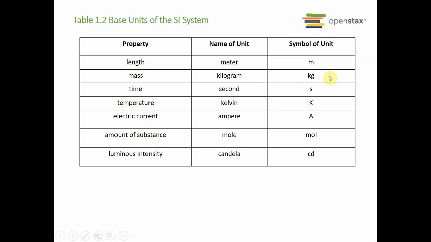It's Celsius. So Kelvin and Celsius are two metric systems of temperature. Second is intuitive. Kilogram is 2.2 pounds, and the meter is about 39 inches, a little bit greater than a yard.